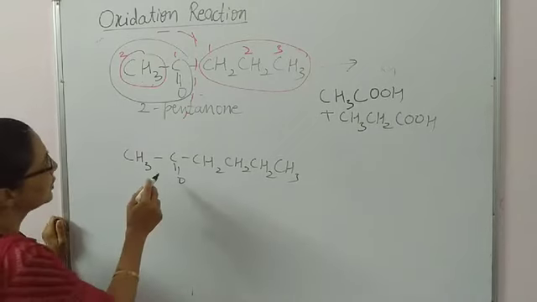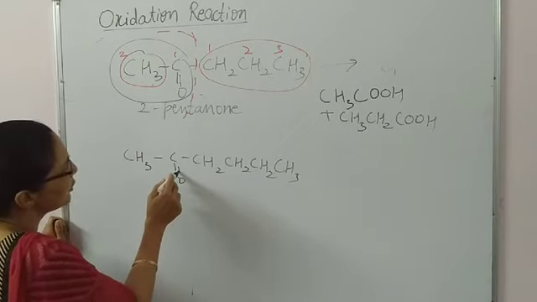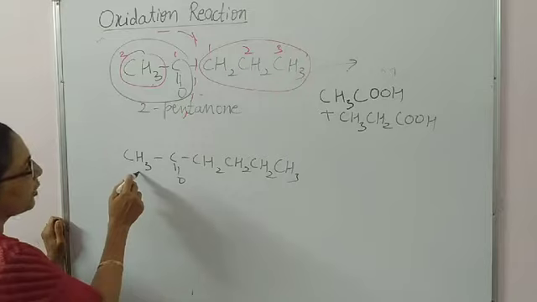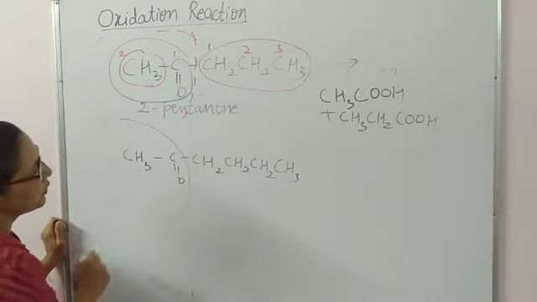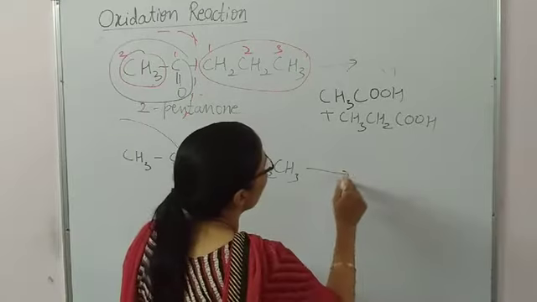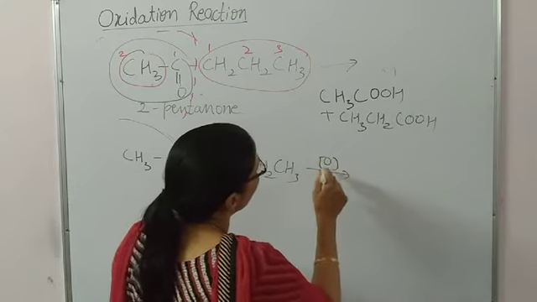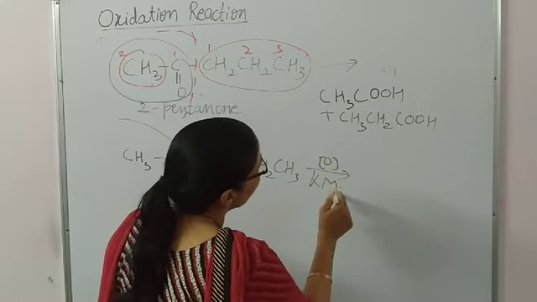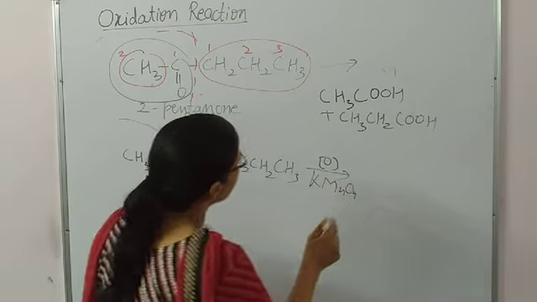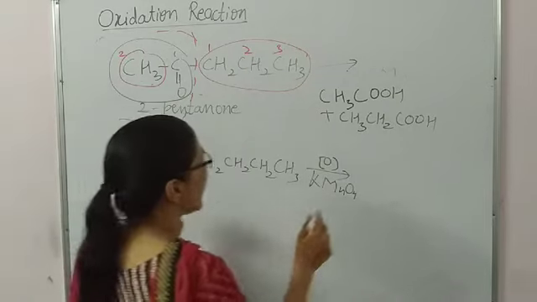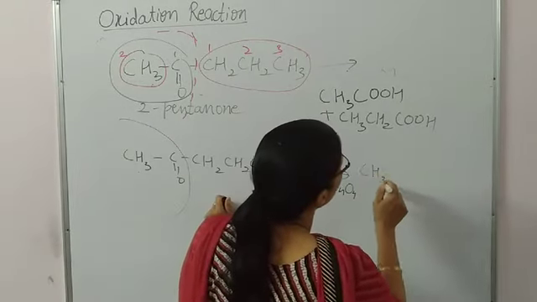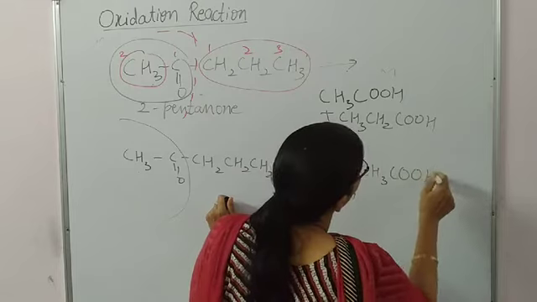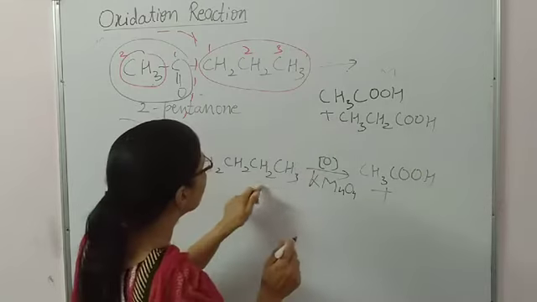In the 2-hexanone, suppose this CO group is here and this one is the smaller group. This group will go this side, and with a strong oxidizing agent like KMnO4, any strong oxidizing agent, you will get a 2 carbon containing acid. And next is 1, 2, 3, 4.